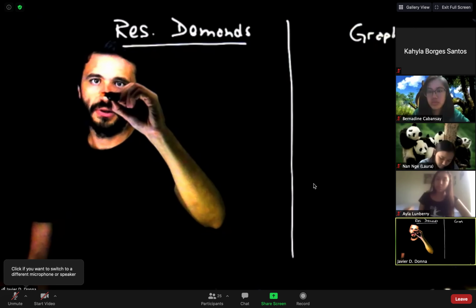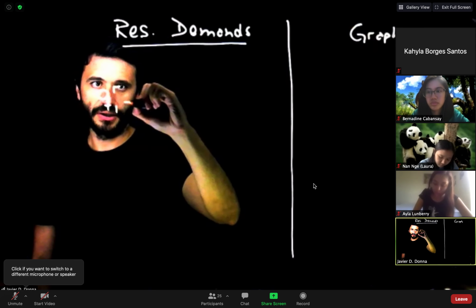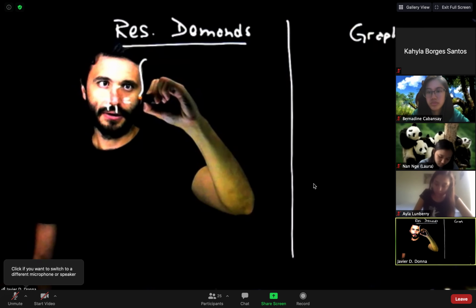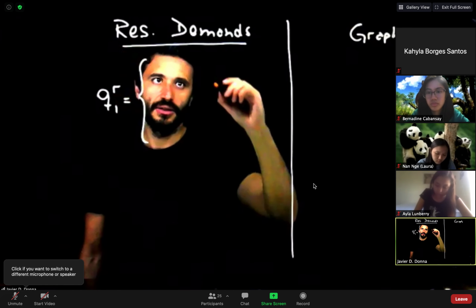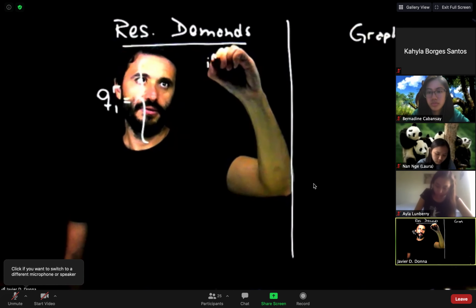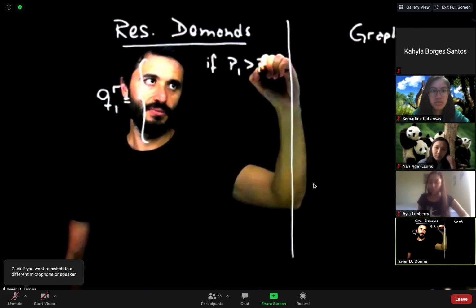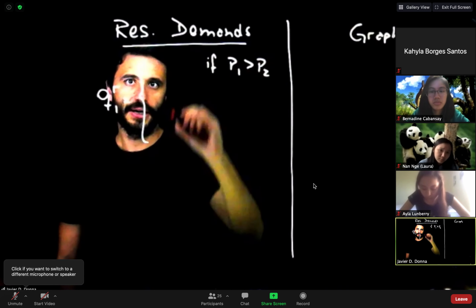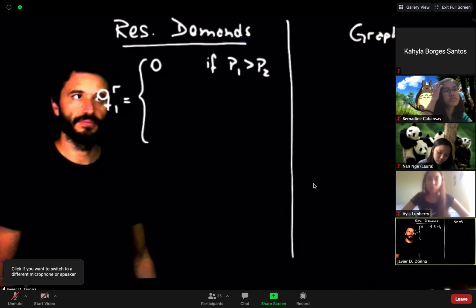So I'm going to have the residual demand of the two firms in order to operate, and we're going to have the three conditions that we have just put. So if P1 is greater than P2, firm 1 gets 0. If it's charging the high price, it gets 0.